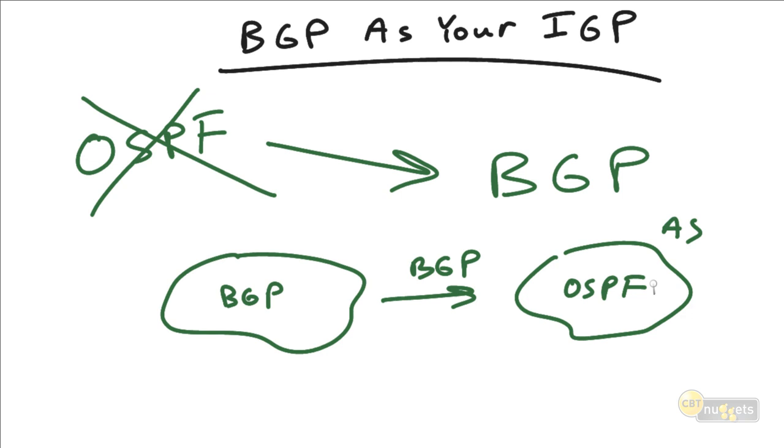Border Gateway Protocol became this company's IGP, and it worked terrifically well, and it solved a bunch of problems they were experiencing with OSPF as their IGP. Keep in mind what I said, though, in this particular example. The company was massive.